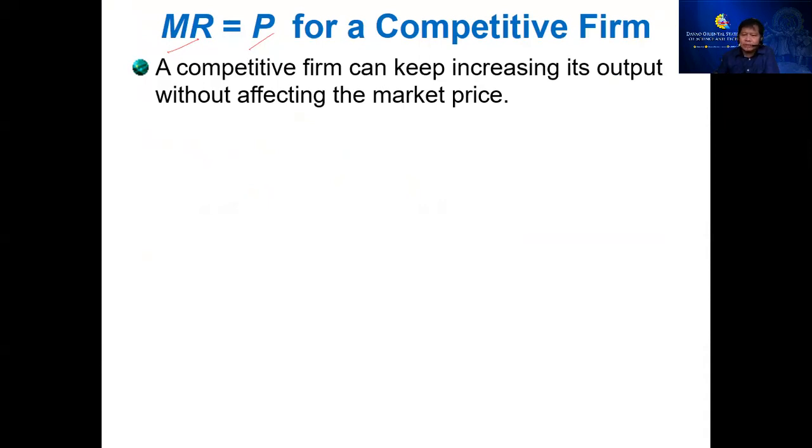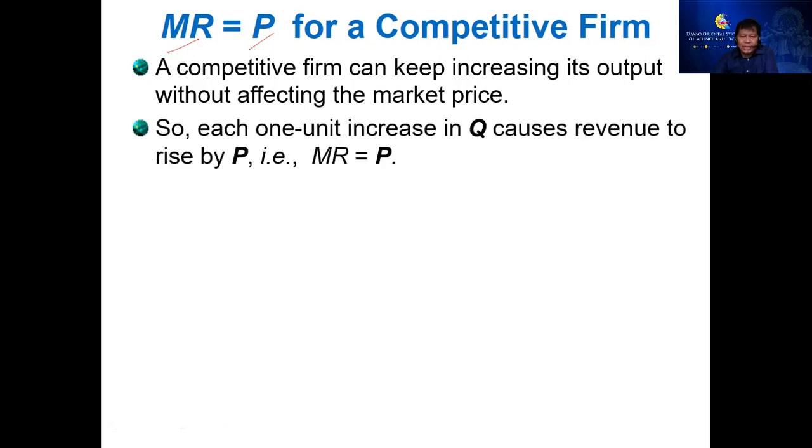As I said before, in a completely competitive firm, even if you produce a lot, the price is not within your control because buyers and sellers are just price takers. They have to take whatever price is established in the market, the price established by supply and demand. So a one unit increase in quantity causes revenue to rise by an amount equal to the price. That's why the marginal revenue is equal to the price in a competitive firm.